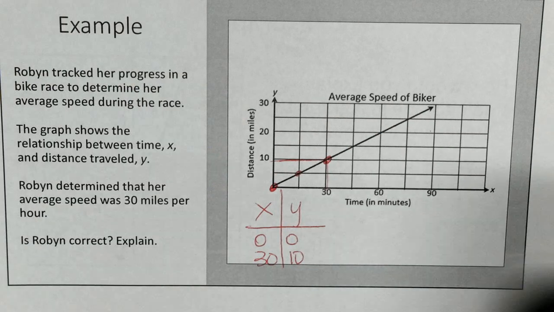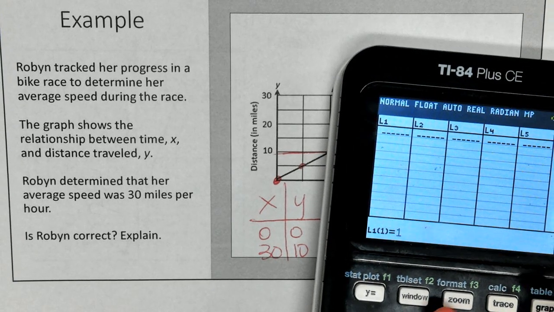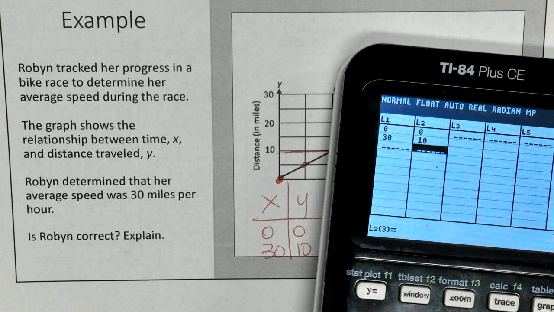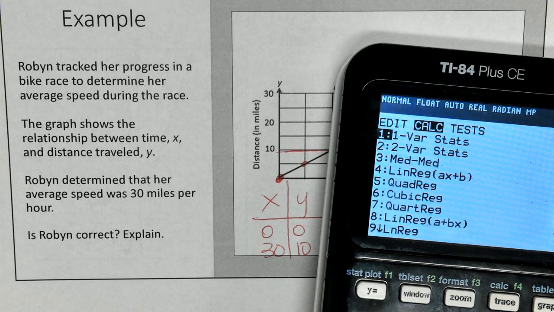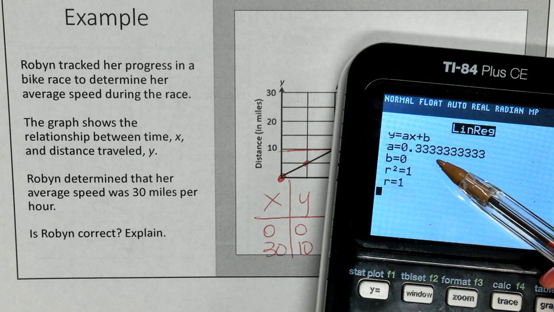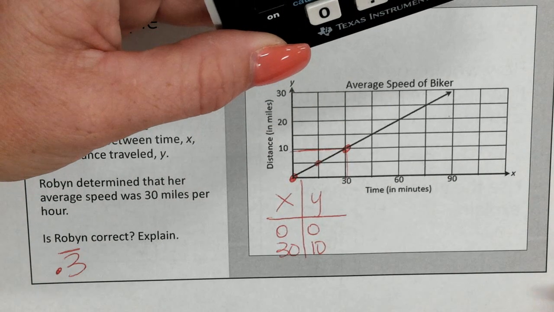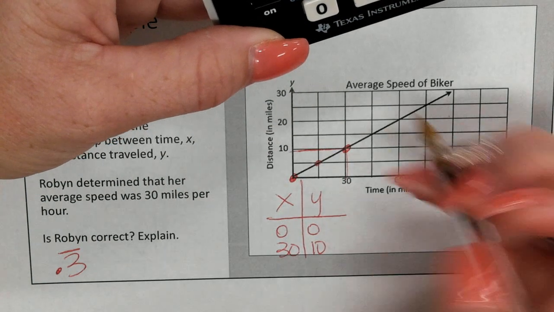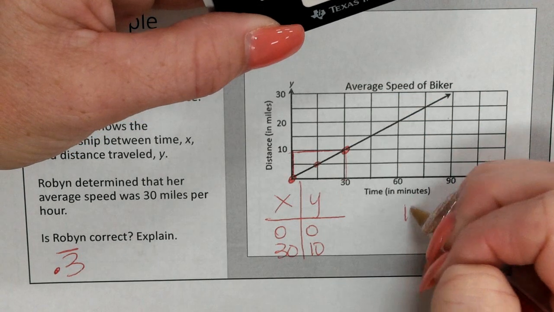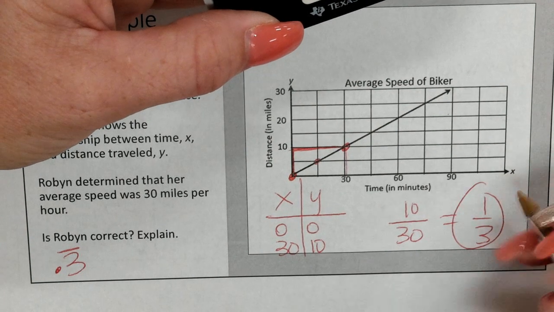So then I go to stat, edit, stat calc, option 4. The slope is 0.3 repeating, which is also, if I wanted to, I could say, hey, look, my rise is up 10, my run is 30, which is also 1/3.